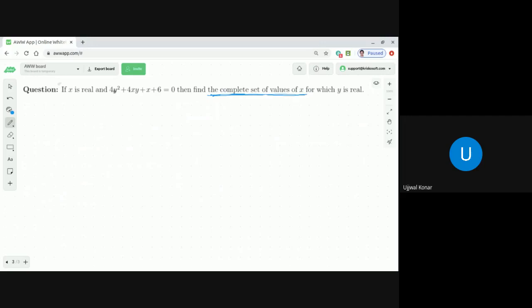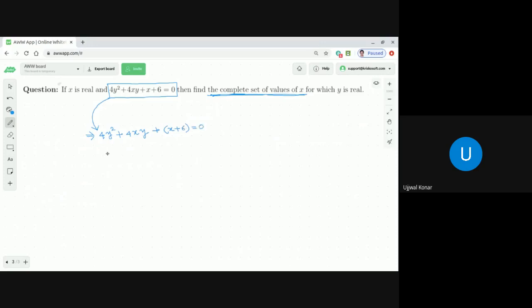So this is the given equation, 4y square plus 4xy plus x plus 6 equal to 0. We write 4y square plus 4 into x into y plus x plus 6 is equal to 0.